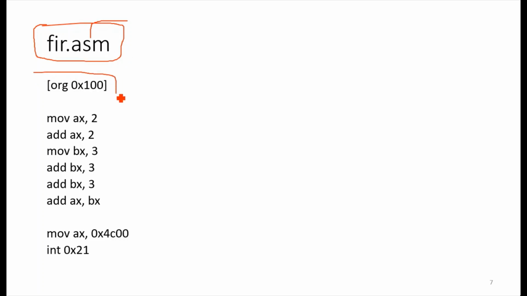The first line of the code states that whenever our code is loaded into memory for execution, the starting address of our code should be 100. Similarly, to be executed on the processor, the starting address of PC or IP should be 100 as well.